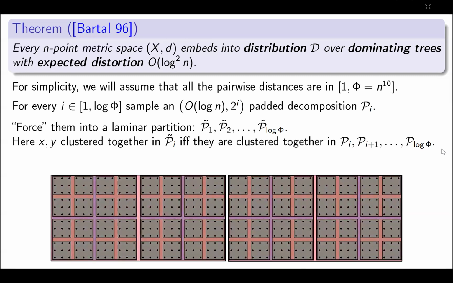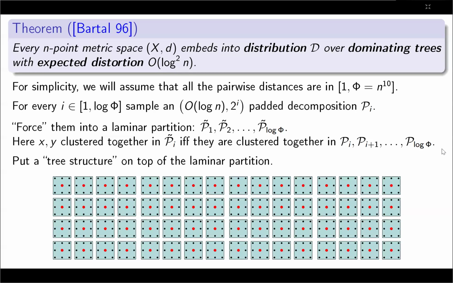And they are hierarchical, they all refine each other. Okay, and now we simply put a tree structure which will respect this. So this is like a quad tree in geometric space. Now we put this tree on top of this partition. What I mean by that: for the minimum scale, pick some representative and add edges to the representative.